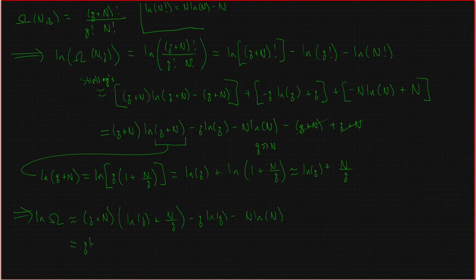And so we'll have q ln q plus n ln q plus q times n over q plus n squared over q minus q ln q minus n ln n. All right, so we see that this term cancels with this term, and that these two terms are also the same.